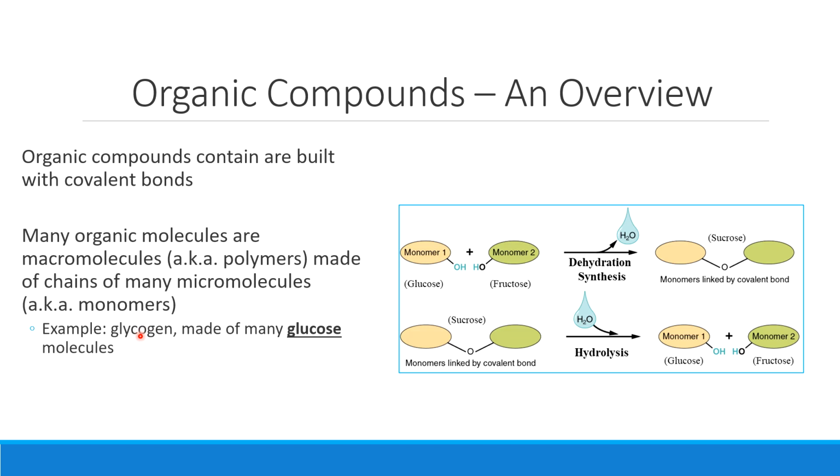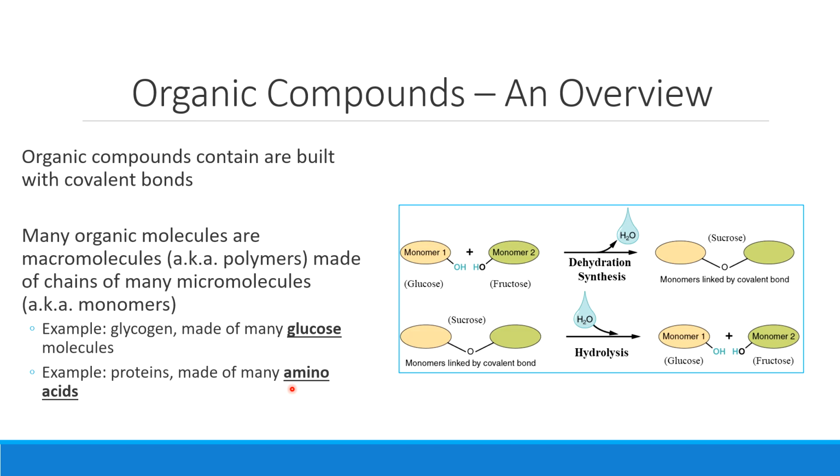When we're talking about a storage molecule inside the body called glycogen, glycogen is the polymer form of many glucose molecules, monomers, that are attached to each other with covalent bonds. We also see this with proteins. Proteins are my polymer form that I built by stitching together many amino acids. So, when we're thinking about all of these organic compounds, keep that frame of reference in mind.